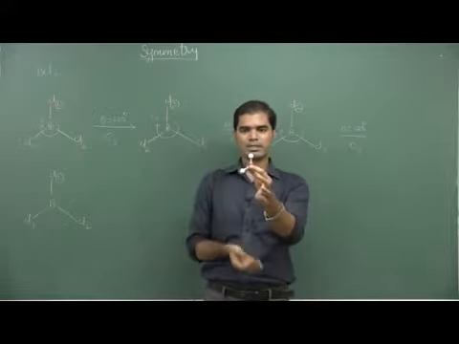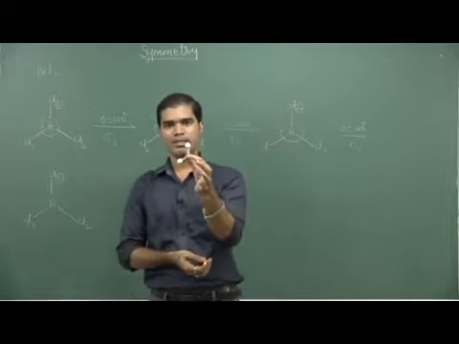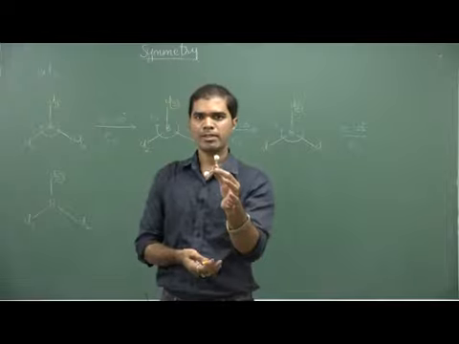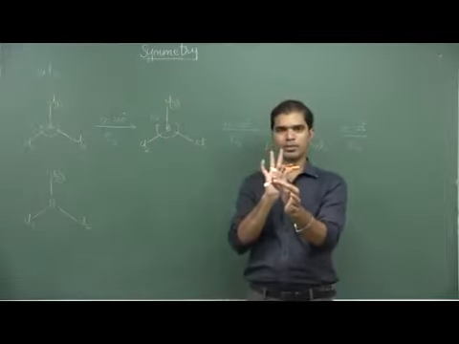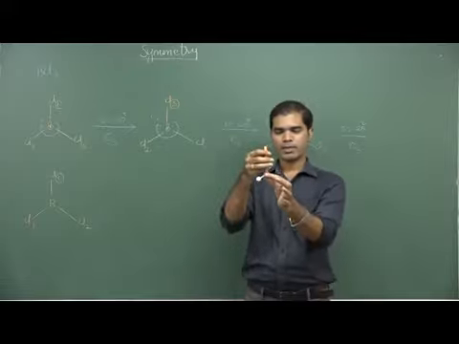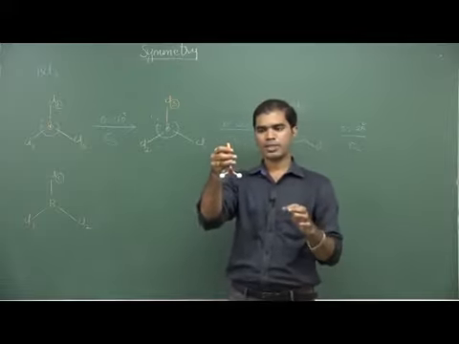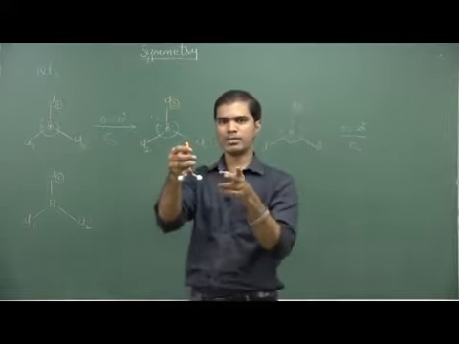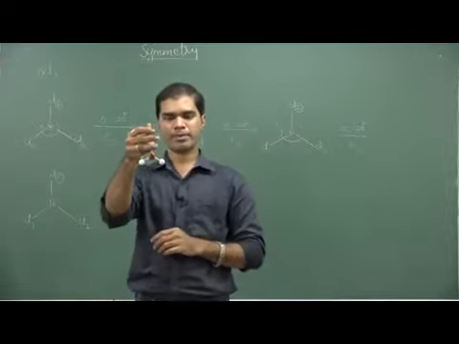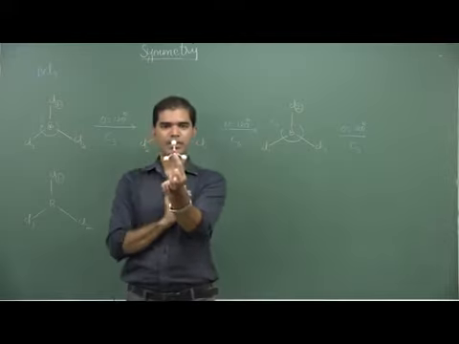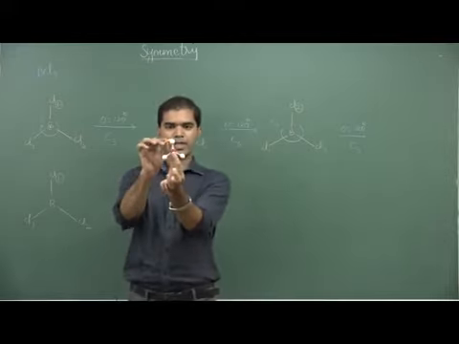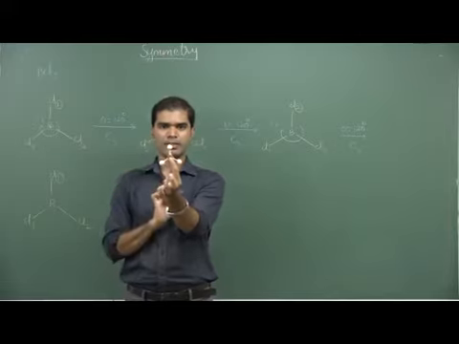A question arises: how many rotational axes are present in BCl3? Now slowly we are arriving at the answers. We have seen a C3 which is passing only through the boron. We have also seen another rotational axis, a C2, which is passing through one of the chlorines and the boron atom. But if you look at BCl3, it looks very symmetric, and the three chlorines are equidistant with a triangular relation.